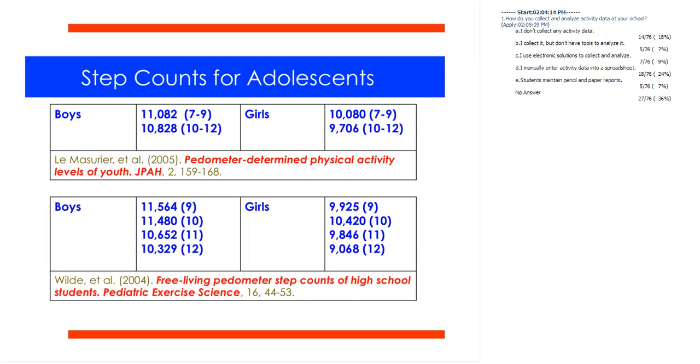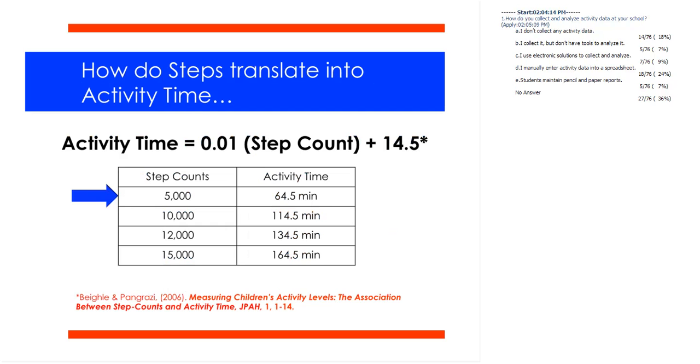And then, of course, the FitStep Pro measures moderate to vigorous physical activity and activity time, and I don't think you should ever buy a pedometer without activity time on it, because that way you don't have to worry about stride length influencing the number of steps someone gets. If you have pedometers with only step counts on them, Aaron Beatley and I did a study back in 2006, and we came up with a regression equation to determine the association between step counts and activity time.